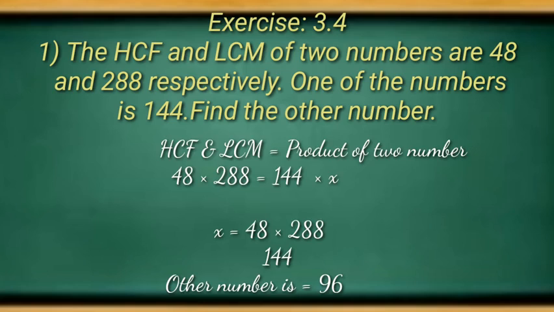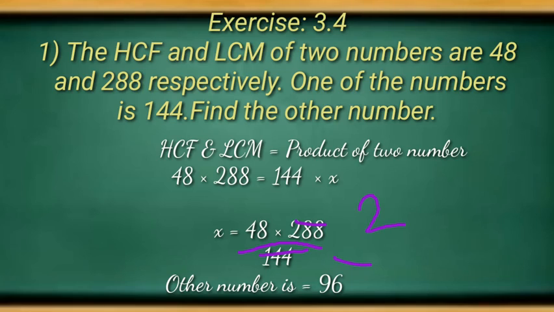HCF into LCM is equal to the product of the two numbers. Here one number is already given, so the other number you can find out. So 48 into 288 is equal to 144 into x.